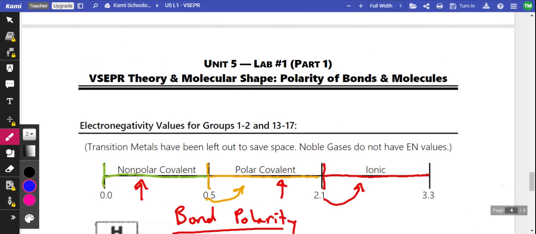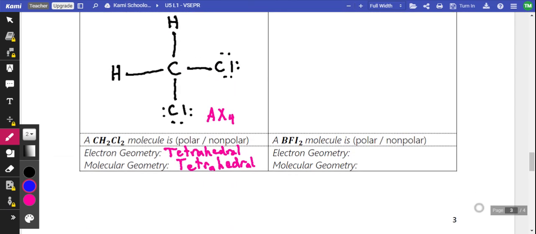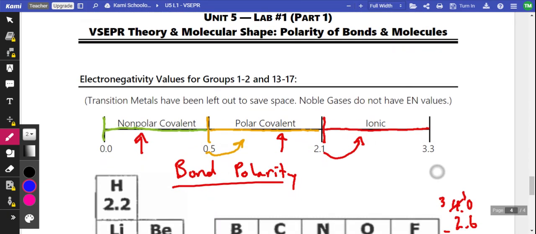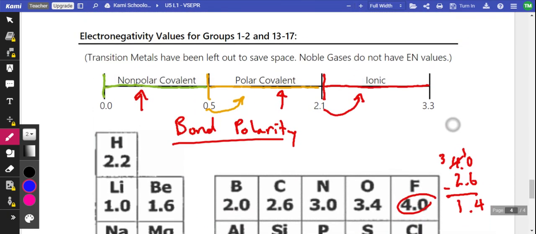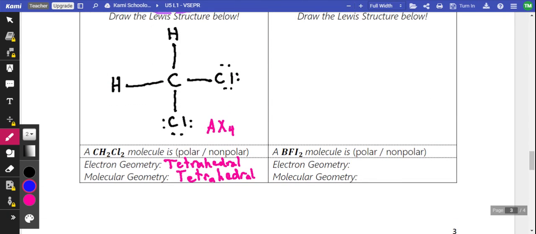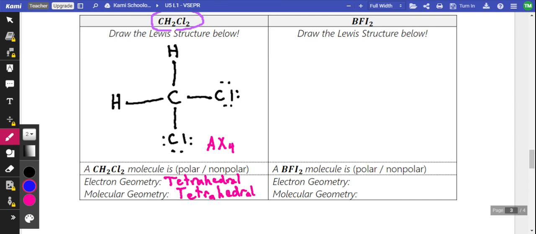So we still have an electronegativity difference of like 1. Now we don't need to calculate that, but it does help to know that these have different electronegativities than each other. Okay. Let's see. Carbon has a 2.6. So carbon is more of an electron hog than hydrogen is.